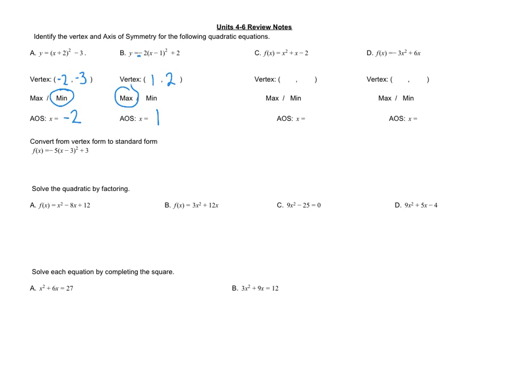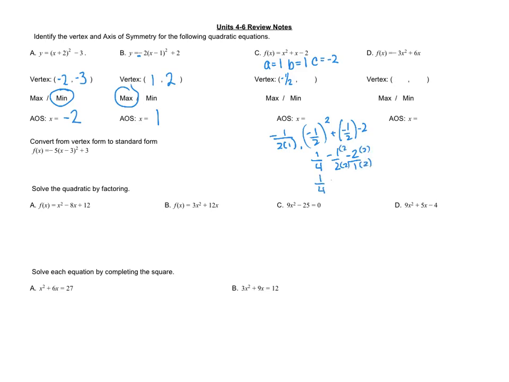For the next one, my A equals 1, my B equals 1, my C is -2. So negative B over 2A, so -1/2 is the x value. When I plug that in, that's going to be 1/4 minus 1/2 minus 2 over 1.